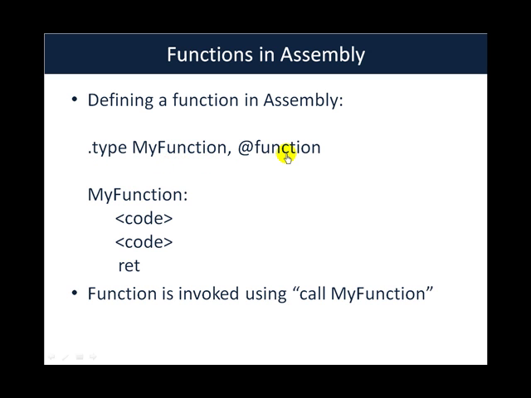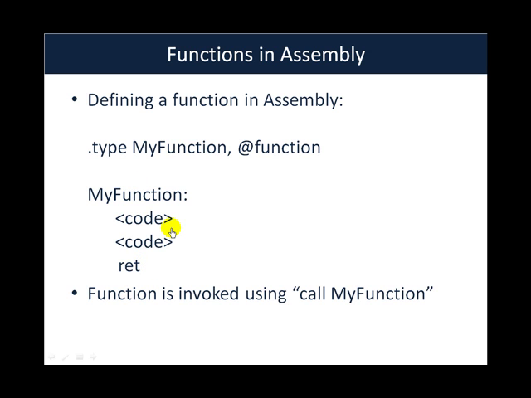Once this directive has been given to the assembler, you can define the myFunction label anywhere in your code and then have those lines of code. Finally, once the function is done, you need to compulsorily have a ret statement at the end of the function. This is synonymous to the return statement which you would write in a C program.